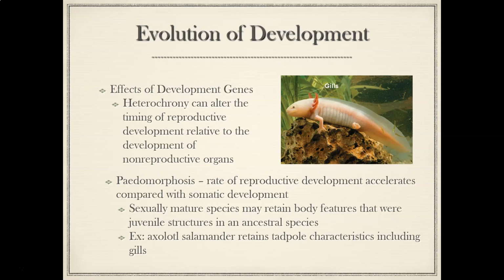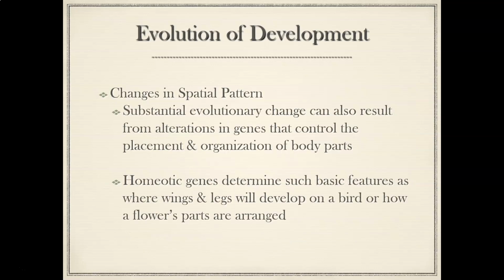So looking like a juvenile, but being completely capable of sexual reproduction because we've changed the rate of development of certain characteristics in their body plan over evolutionary history.